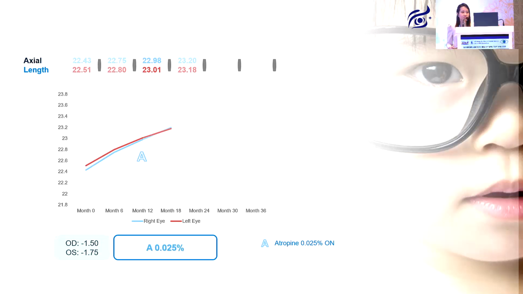Looking at the patient's response initially, yes, there's slowing down in terms of the gradient. If you look at the gradient from the initial visit till now, after starting the eye drops, there's slowing down. But the patient still continues to have slight progression, -0.25, and axial length also continues to increase.